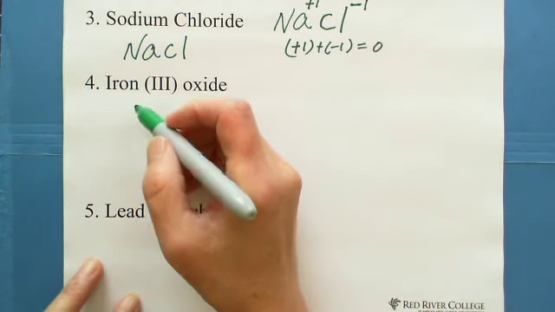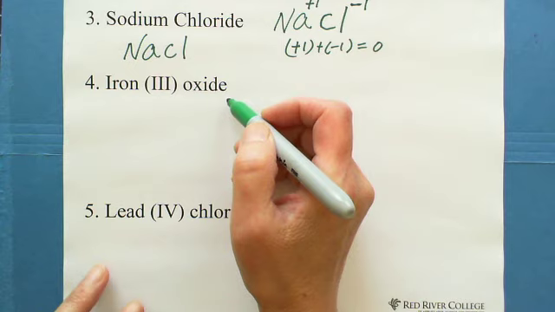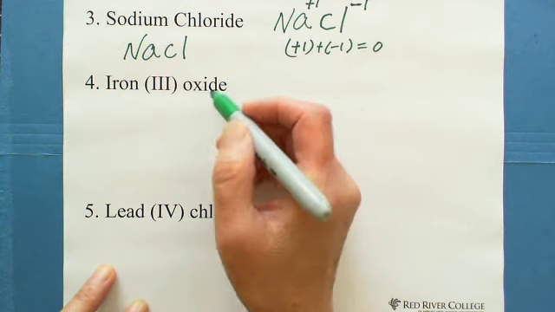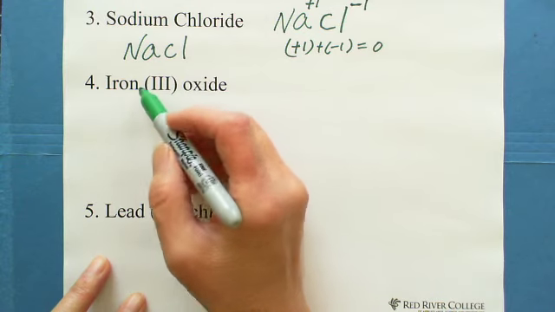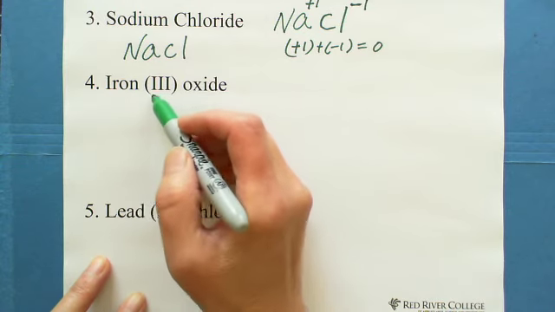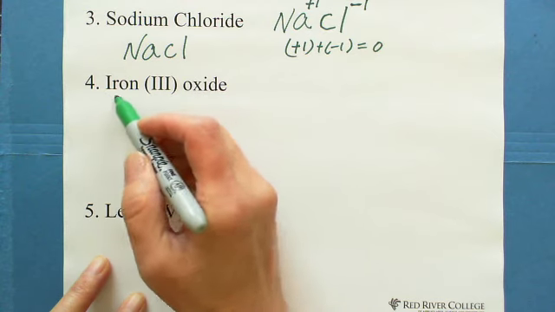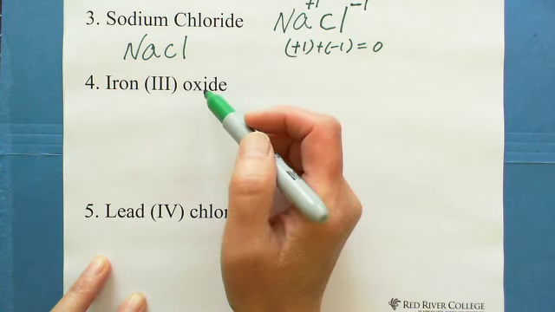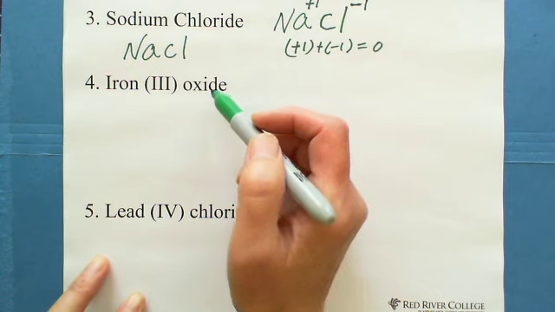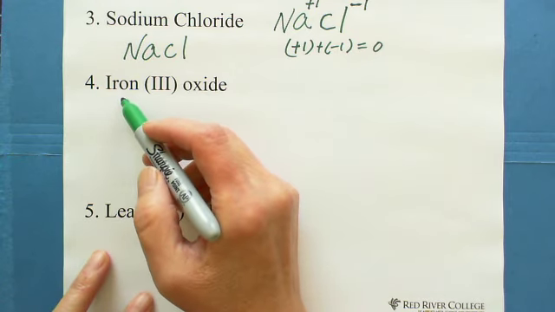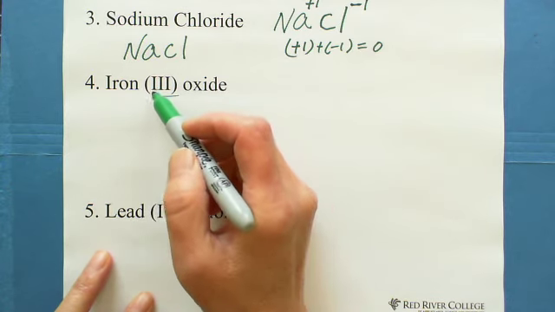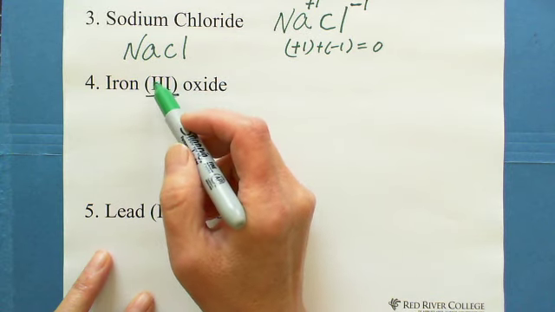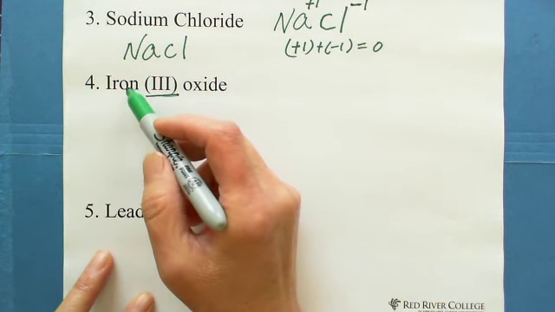The fourth one, iron(III) oxide. We can see the Roman numeral followed by the name. This metal is a transition metal, and oxygen is non-metal. Because transition metals have variable charges, when naming it we need the Roman numeral to indicate the charge.